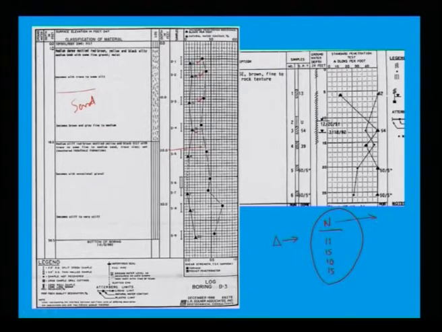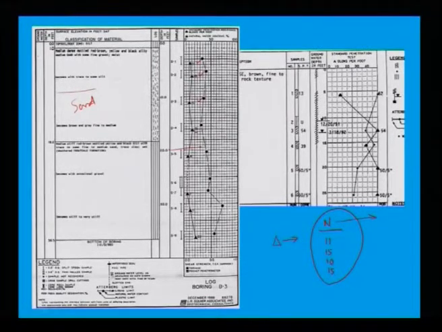If there is no water table, your field penetration value should be more or less the same. So this data, whatever is done in the laboratory and field, supplement each other, which means the correctness of the data is very good or excellent, you can say.